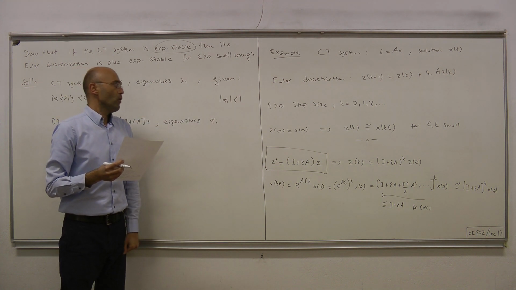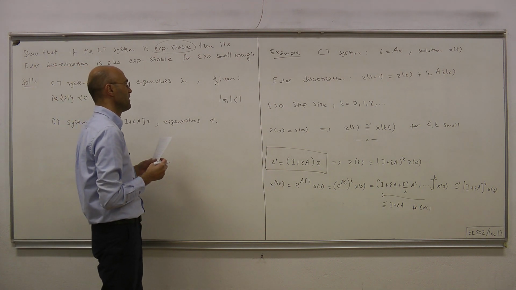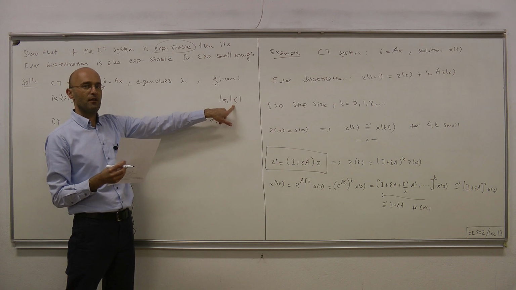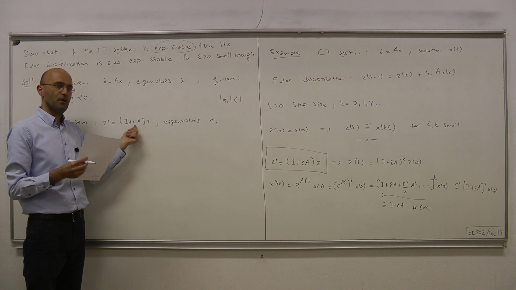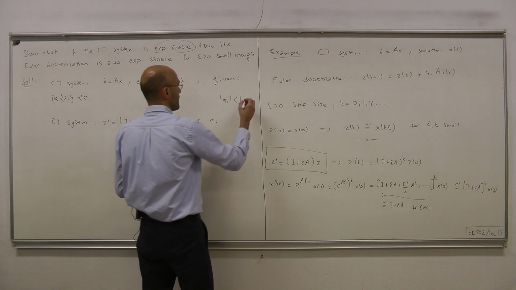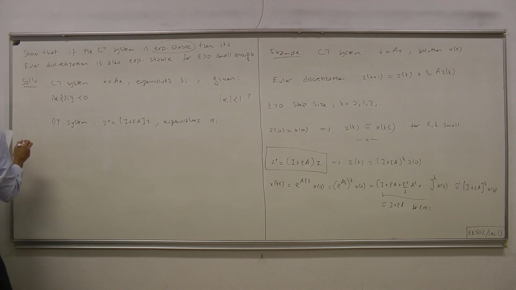That is, all of them have magnitudes strictly smaller than 1. Okay, so this is what we want to show. So what's alpha i in terms of lambda i? Let's first try to answer that question.